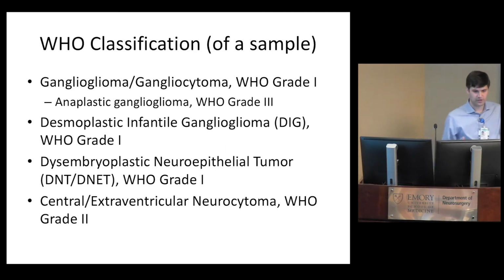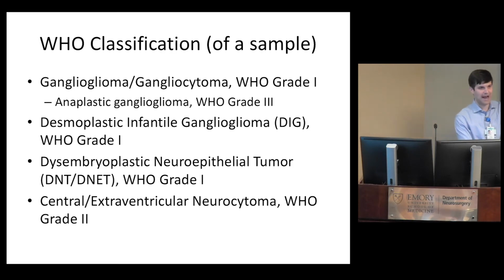So the WHO classification of some of these would include ganglioglioma or gangliocytoma, that's WHO grade 1. And then if you have anaplastic transformation of one of those, it's a WHO grade 3, anaplastic ganglioglioma. Those are pretty rare. There's a subtype of these seen in kids, a desmoplastic infantile ganglioglioma.